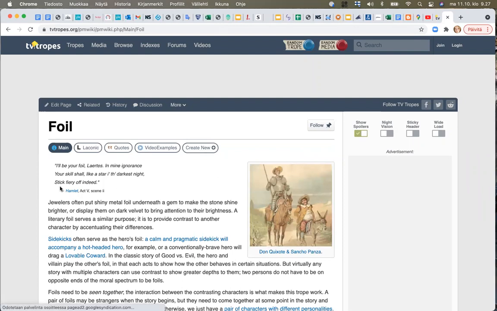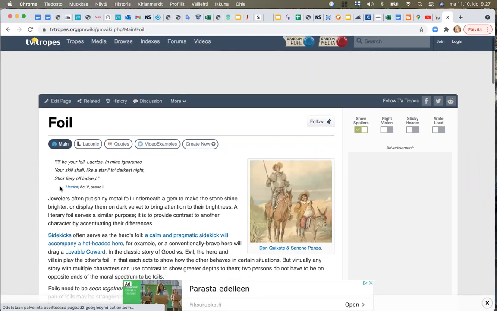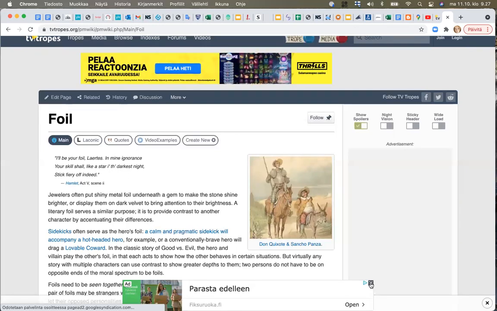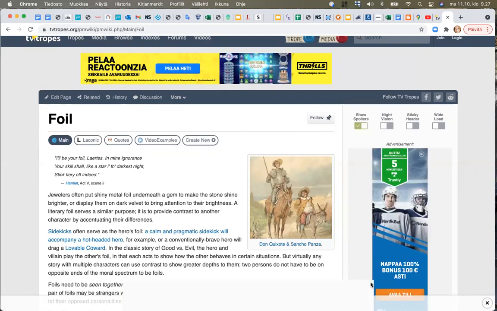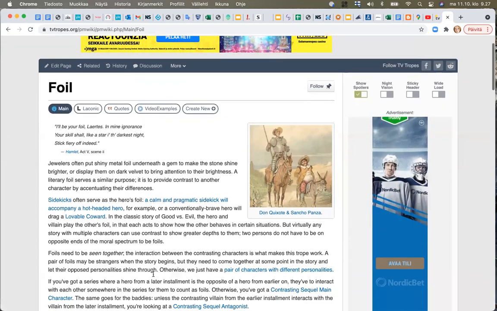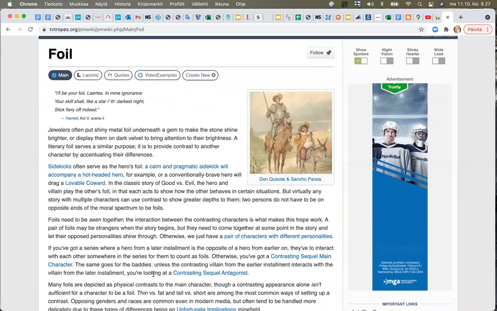Okay, there's Don Quixote and Sancho Panza, which is quite an old story example from the 1500s or 1600s? So sidekicks often serve as the hero's foil, it says here as well.